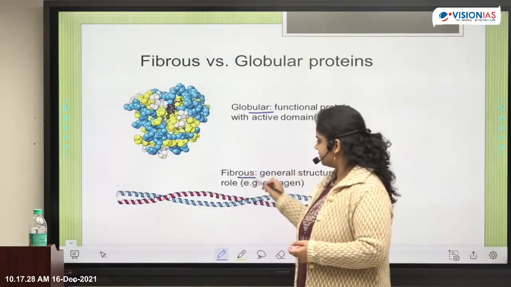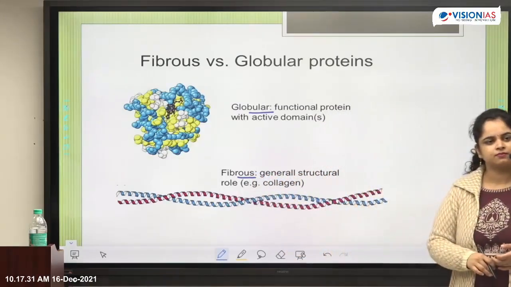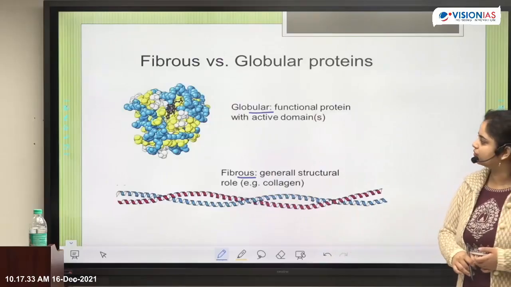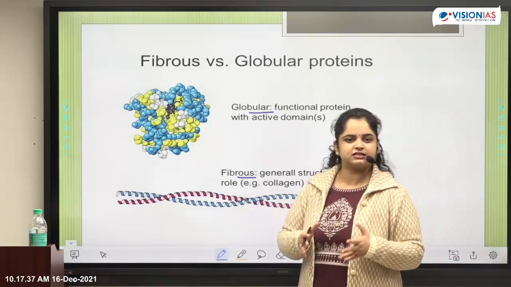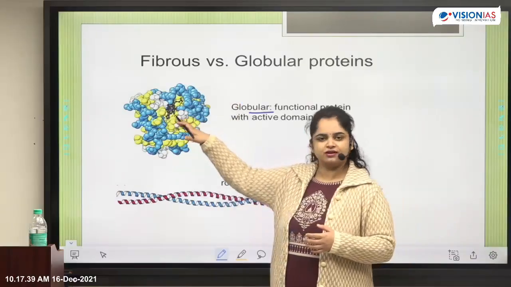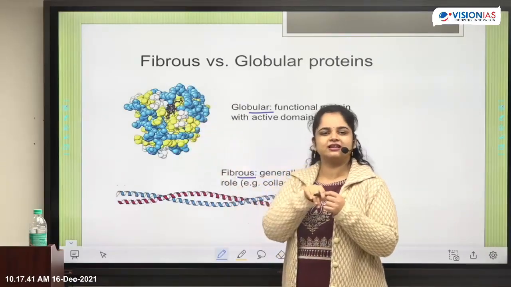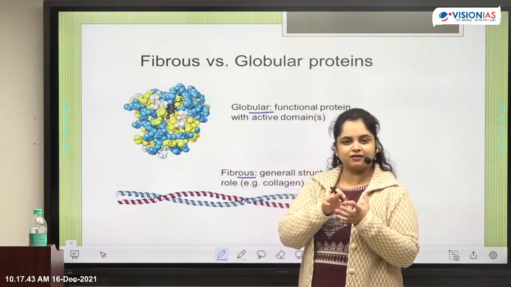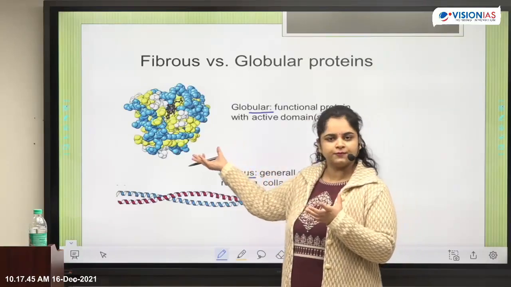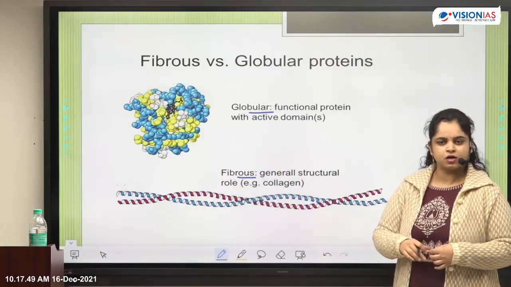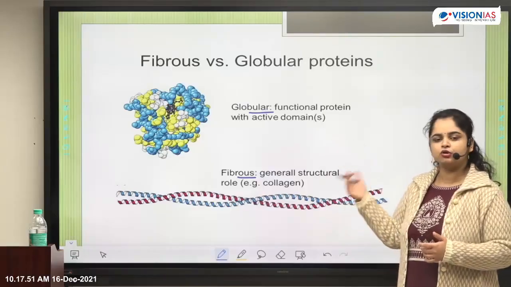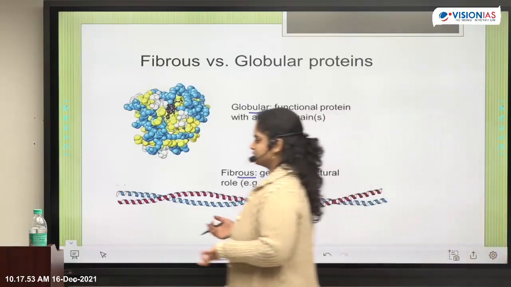This is the fibrous proteins. So two types of proteins depending on the way these amino acid chains are arranged. Globular, when it is wound in a spherical manner, like a ball, like a globe, and fibrous when it is present in the form of chains. Both of these are also supposed to do different functions.